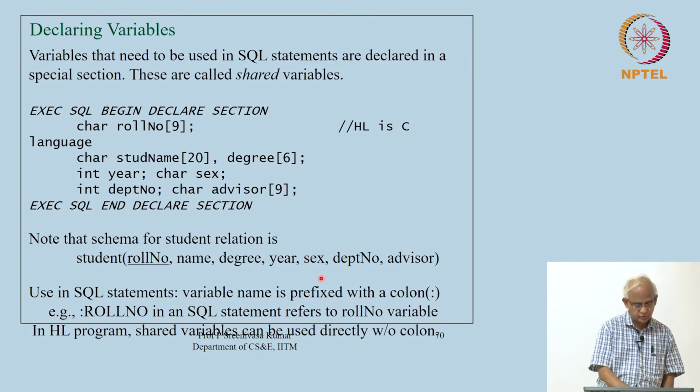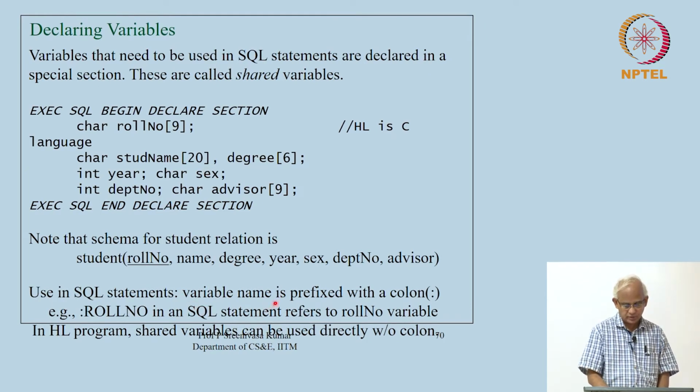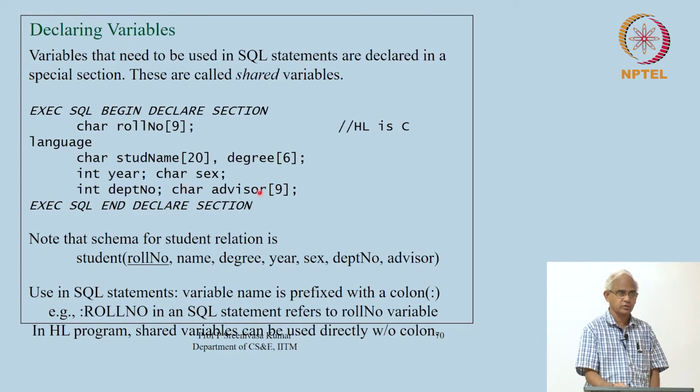When we use them in SQL statements, the variable names will be prefixed with a colon. So, colon roll number in an SQL statement will refer to this particular roll number variable. And of course, in your C program, you will use these shared variables as they are, without any colon.